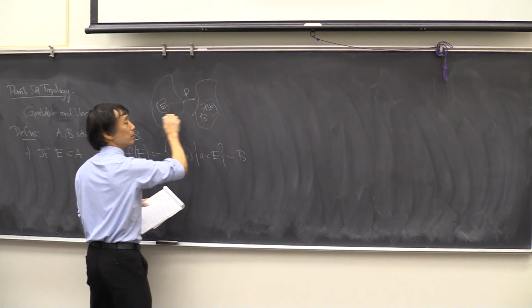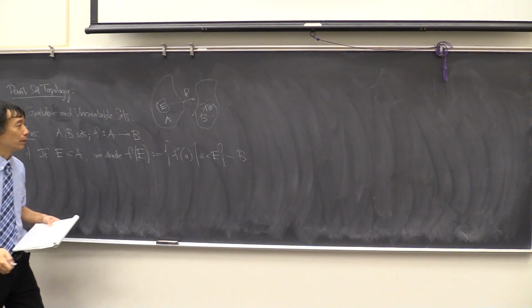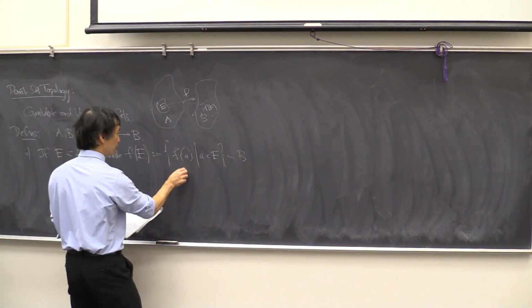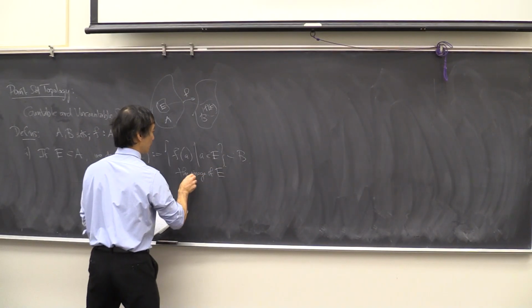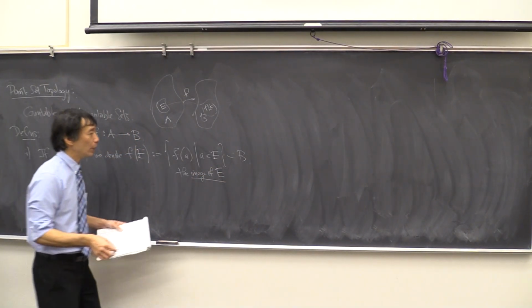So it's all the outputs. This is called the image of E under f.